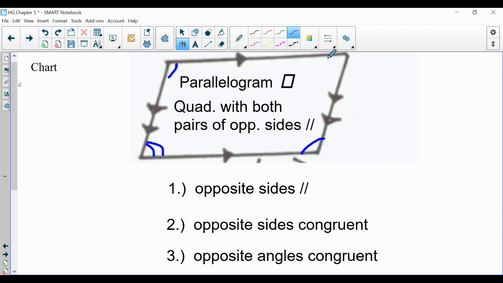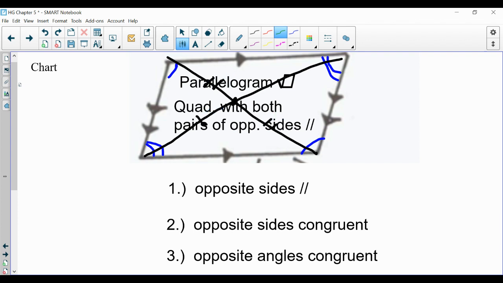And then you'll notice I made the mark for the opposite angles are congruent. Okay. And then the other thing is you have the diagonals, which, pretend that's a straight line. The diagonals, that's better, where they intersect will actually bisect them.